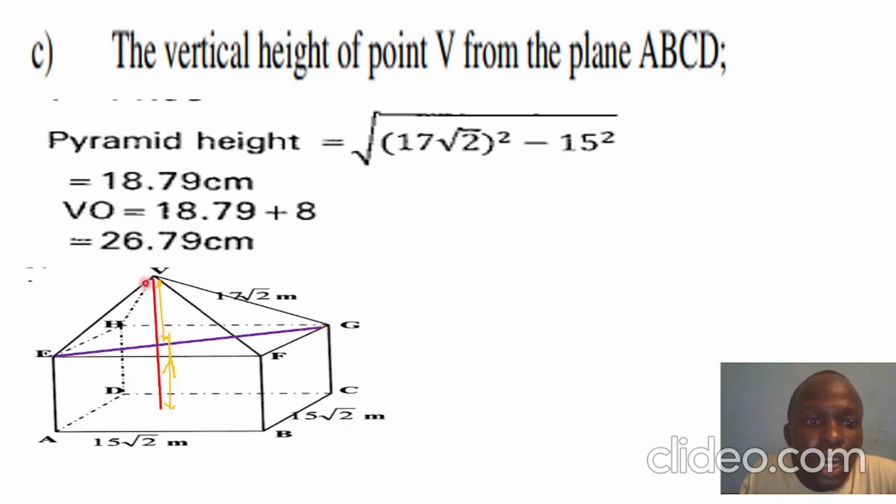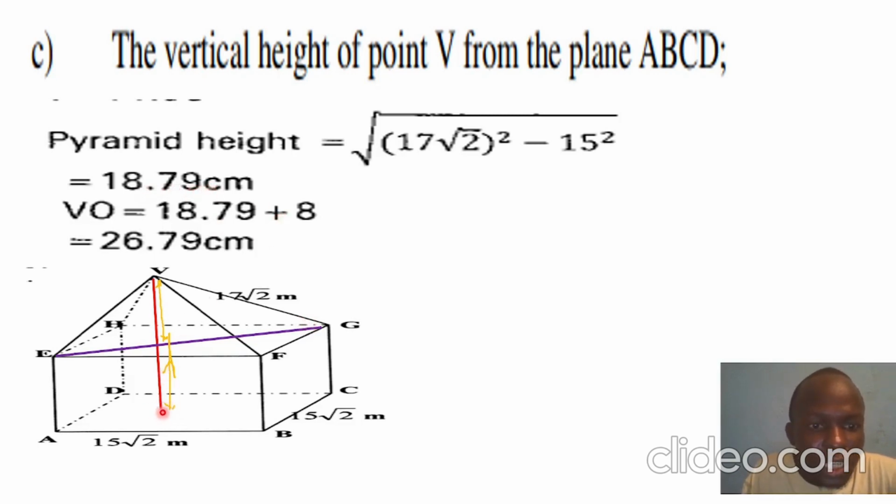We want to get the height, so we take 17√2 squared minus 15 squared and get the square root of that. How do we get 15? From here to here is 30, so 15 is half of it, the distance from the center to G, that is 15 centimeters. And the height of the pyramid is 18.79.